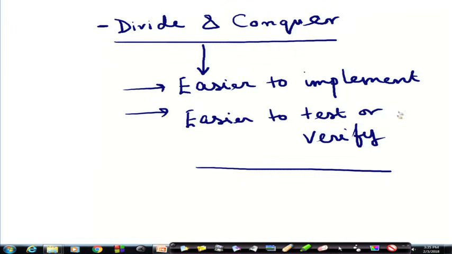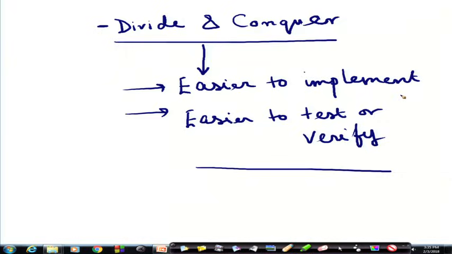When we find that all the components are working correctly and they are connected together correctly, then we will have the entire problem solved correctly. That is the first advantage of writing a complex program broken down into smaller functions.